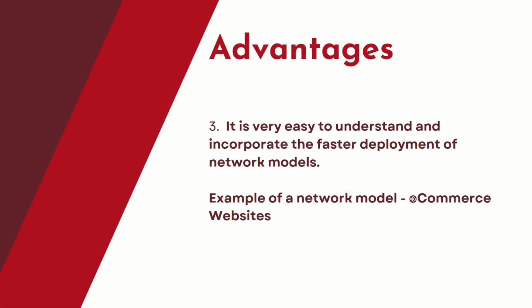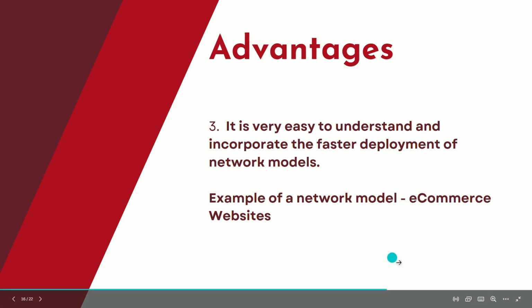Another advantage is that it is very easy to understand and incorporate, with fast deployment of network models. What do we mean by network models? Faster deployment obviously means it is faster, and it is easy to understand as well.